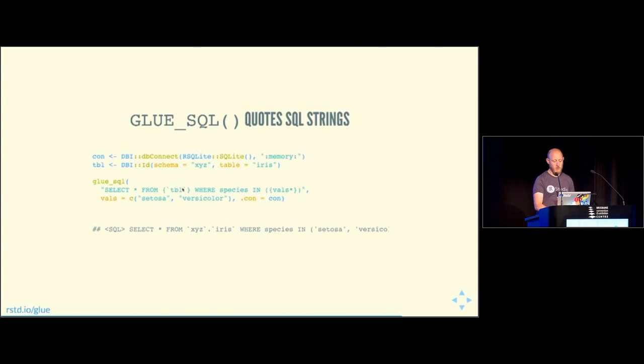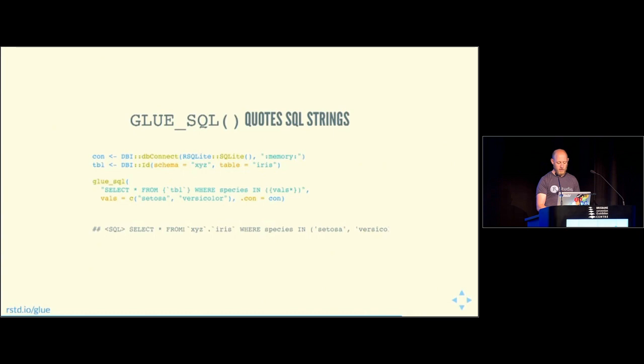So then in this string, we give the table, so this table variable is actually a complicated, like an ID object from the DBI package, which encodes both the schema and the table that we want to retrieve. And then the values we can actually collapse into a list of values.